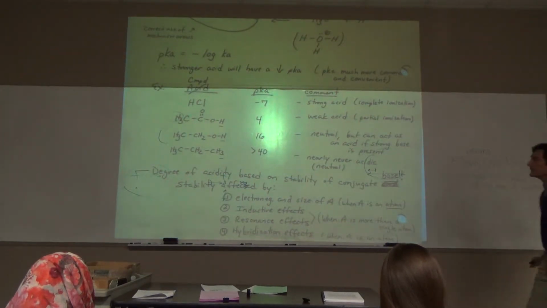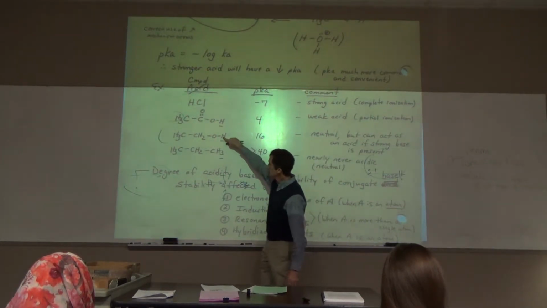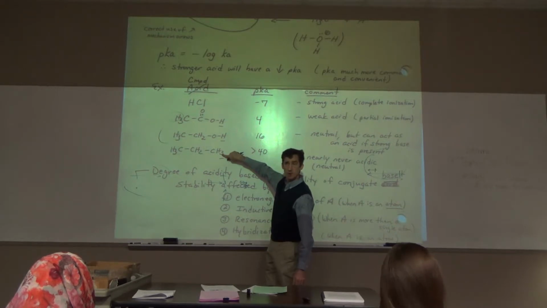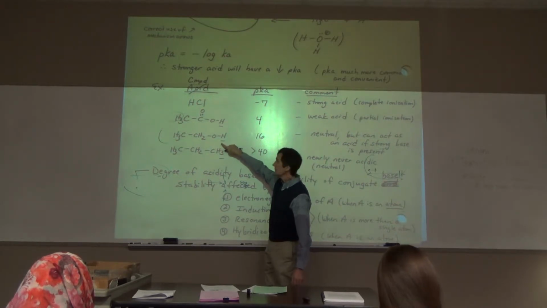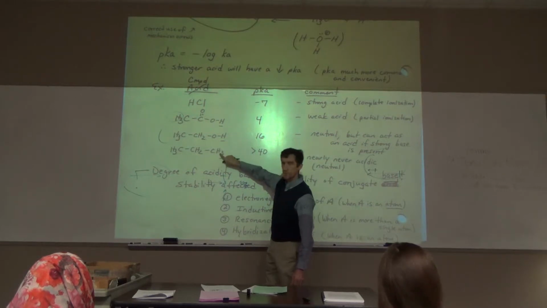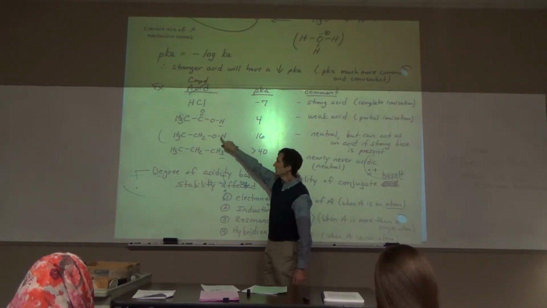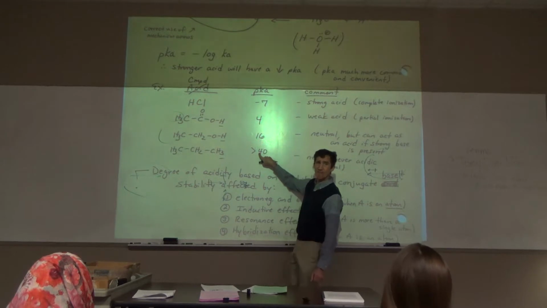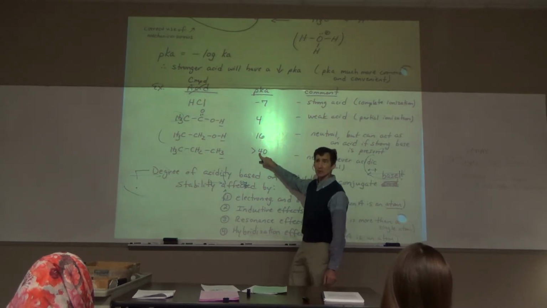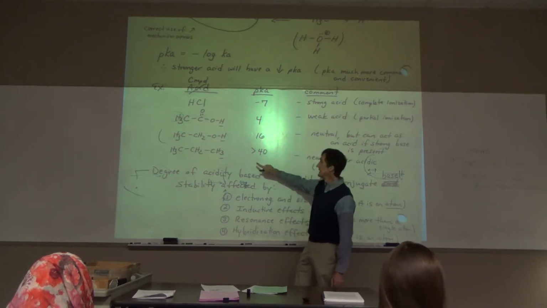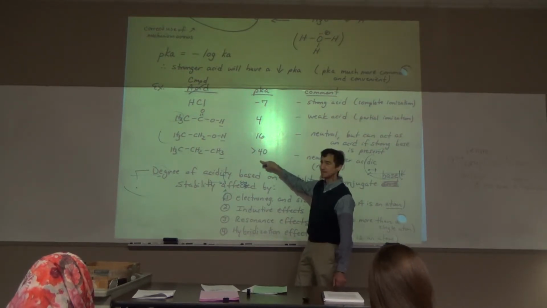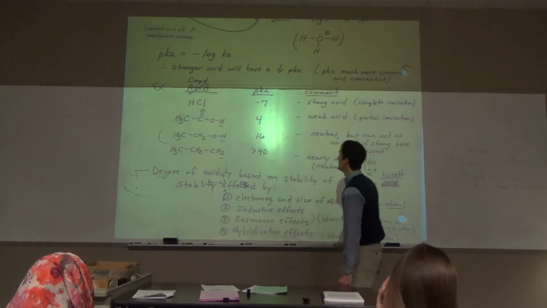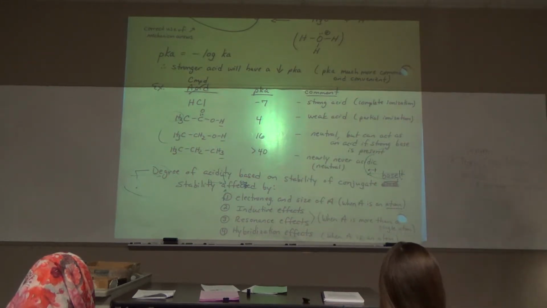Alcohol is going to be more acidic than a hydrocarbon. Why? Because here the minus would be on oxygen, here the minus would have to be on carbon. Oxygen is more electronegative. It doesn't mind being minus, so it's more acidic, right? Hydrocarbon C minus is not that stable. It's not going to want to give up a proton to become an anion. Very low acidity, high pKa, right? You need to understand that. Those are the trends we're trying to understand.